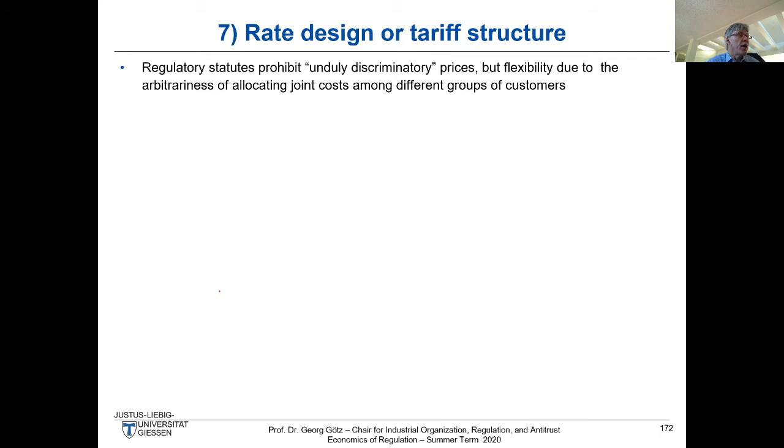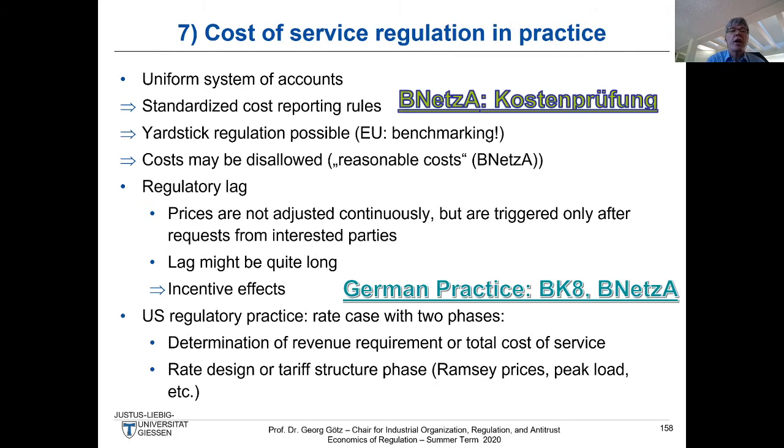And here is what you learn. Actually, that's where you can use your finance course and determine the CAPM, the risk-adjusted rate of return, and then really determine this allowed rate of return. And remember, in US regulatory practice, you have these two phases.